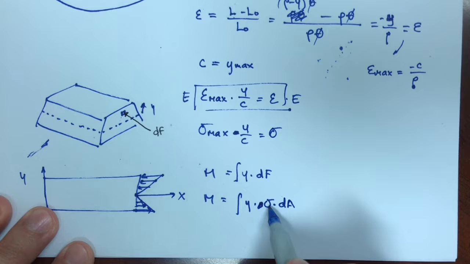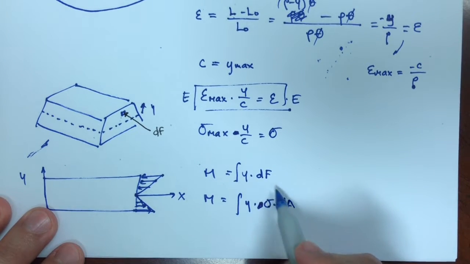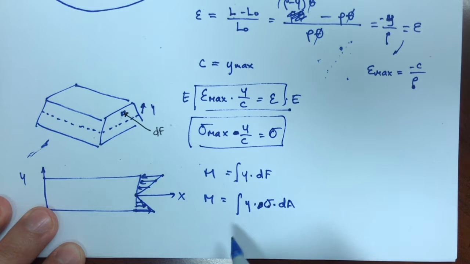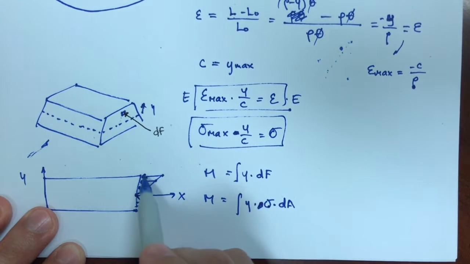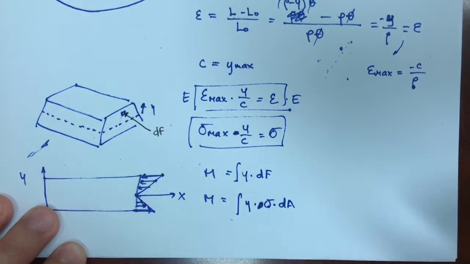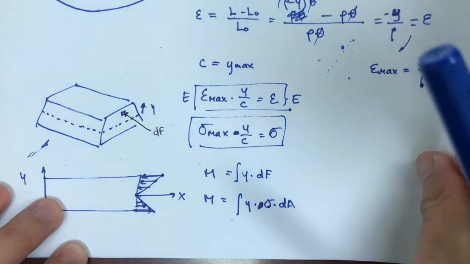Again, if I multiply the stress times the area, I would get my force. And this is the sigma from the bending that we're interested in. So this sigma is just a fraction of the maximum sigma for any y I get. And if I do the integral, I would get the maximum moment. So let's do that.